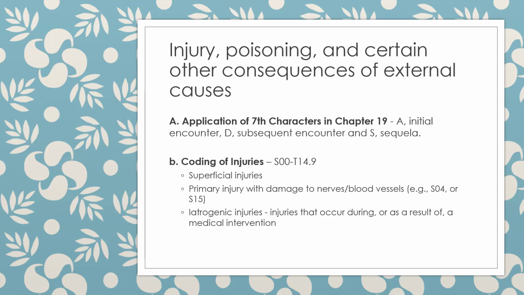For example, code T84.50XA, infection and inflammatory reaction due to unspecified internal joint prosthesis, initial encounter, is used when active treatment is being provided to the infection, even though the condition relates to a prosthetic device, implant, or graft that was placed at a previous encounter. Seventh character A, initial encounter, is used for each encounter where the patient is receiving active treatment for the condition.